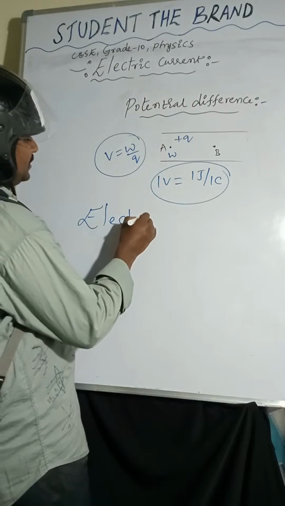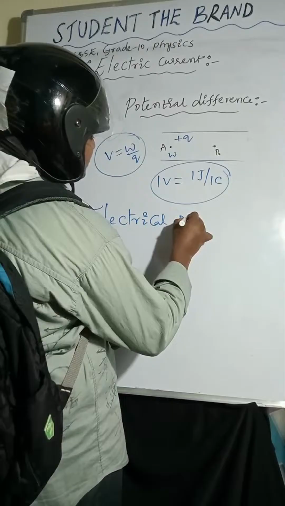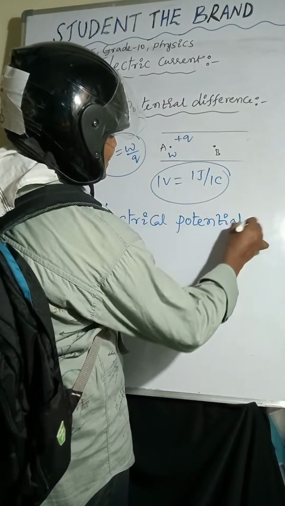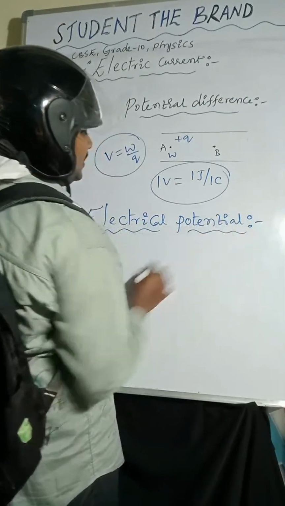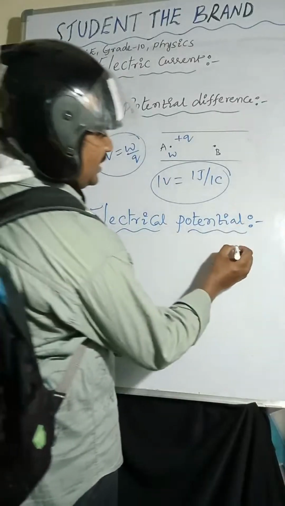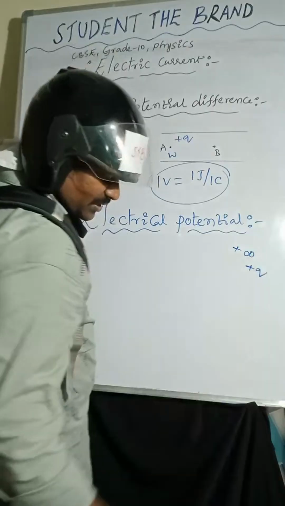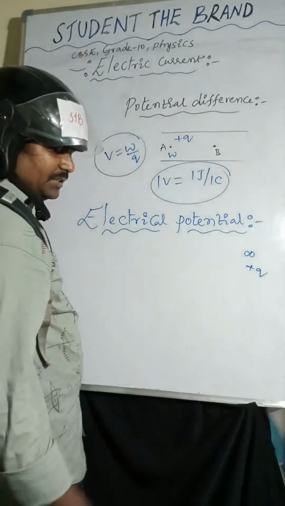Finally, coming to the electrical potential. So what is electrical potential? Electrical potential is nothing but, so this is the infinity. I am taking this as a positive charge at infinity.